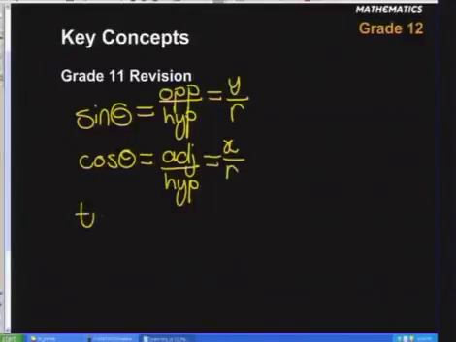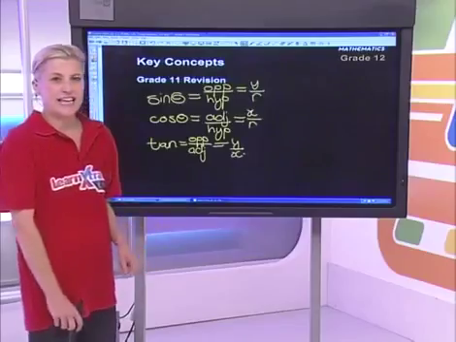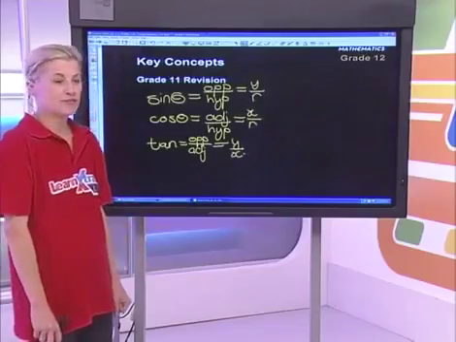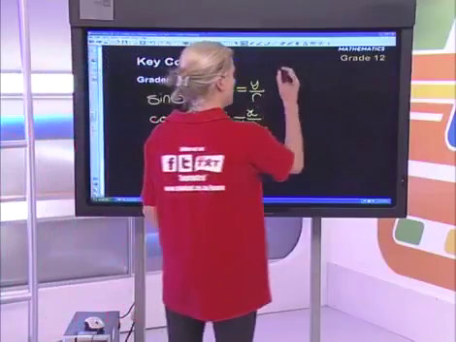Finally, tan, and tan is opposite over adjacent, which is y over x, and of course, Dina used the y over x to get the angle of inclination in the previous lesson. So guys, this is the absolute very basics. What else should we know?